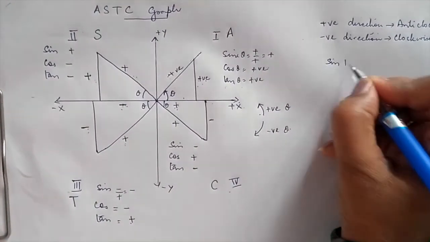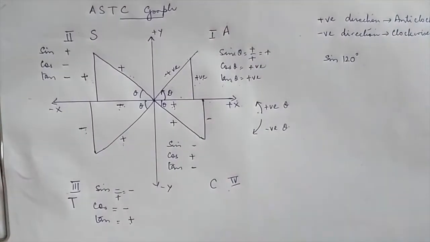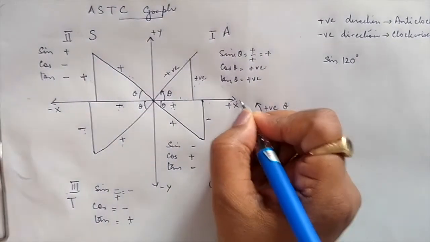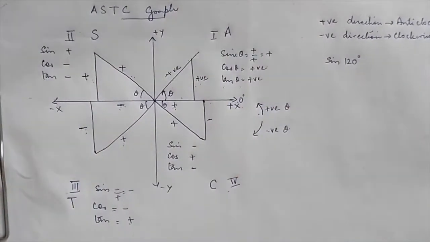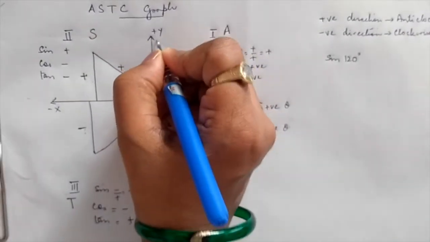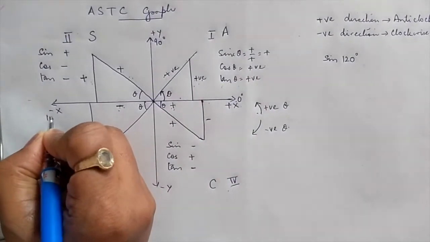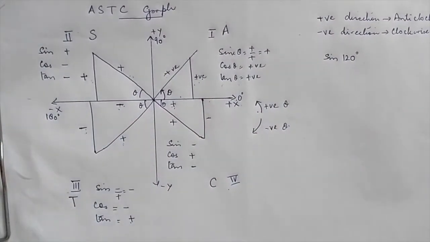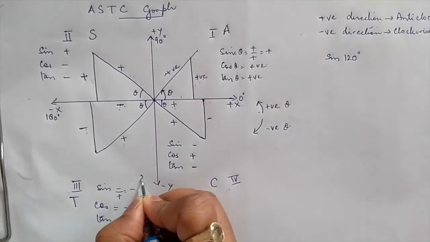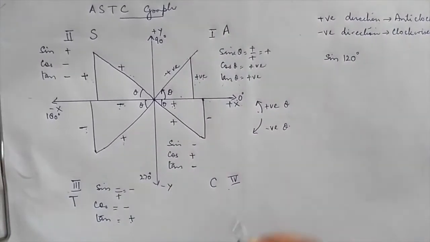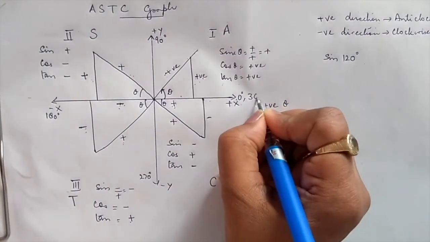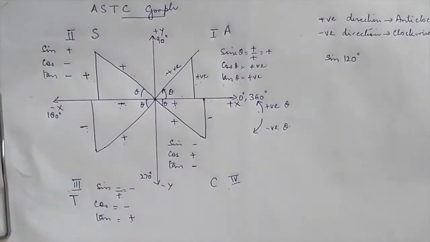sine, let's say 120 degrees. For this you need to remember this is 0 degree, this is my 90 degree, this is my 180 degree, and this is 270 degrees, and back again here I am at 360 degrees.